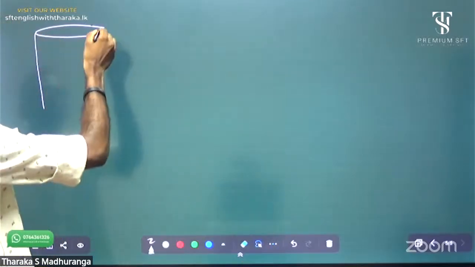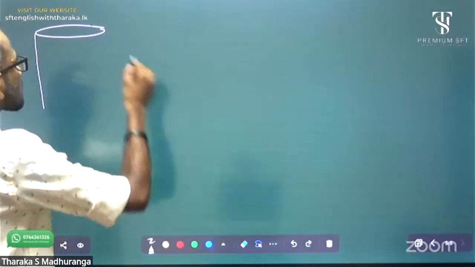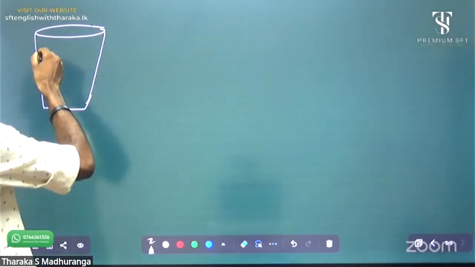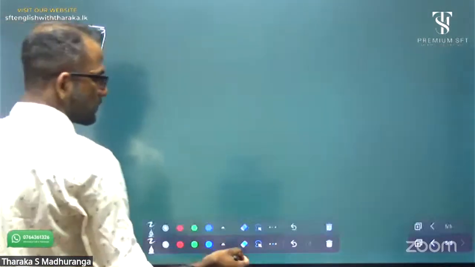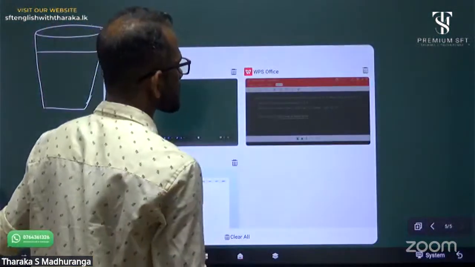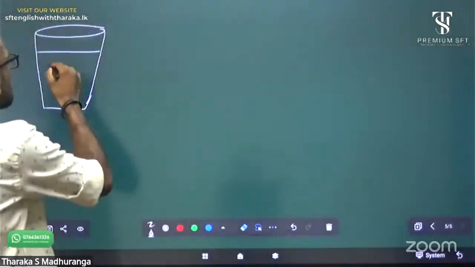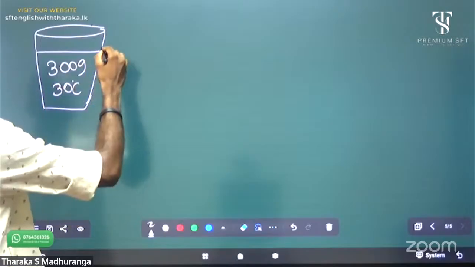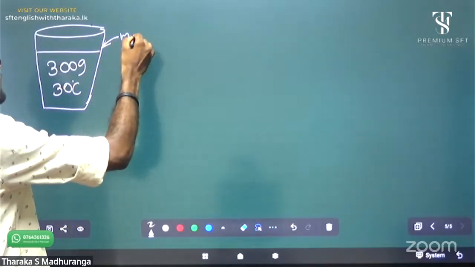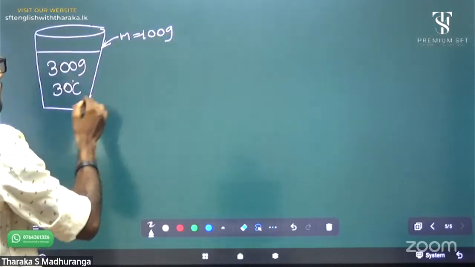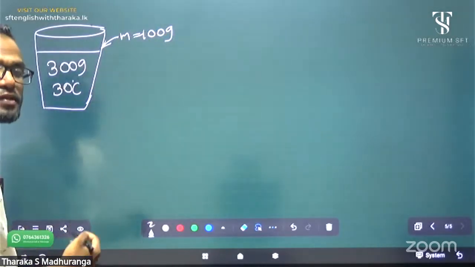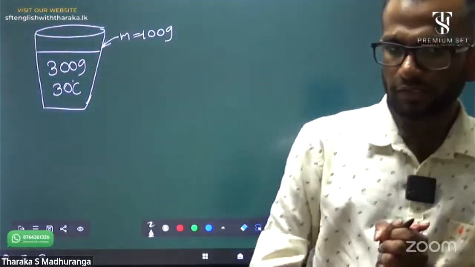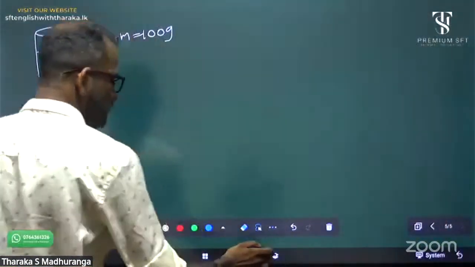It contains 300 gram of water at 30 Celsius. The mass is 100 gram, and the water 300 gram at 30 Celsius. Both the container and water are at 30 Celsius.